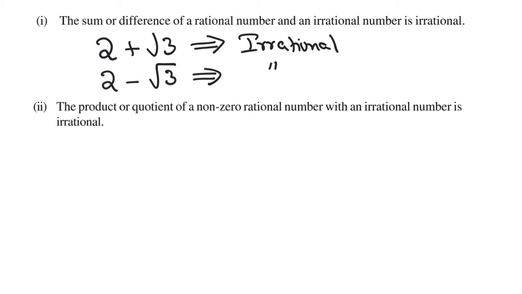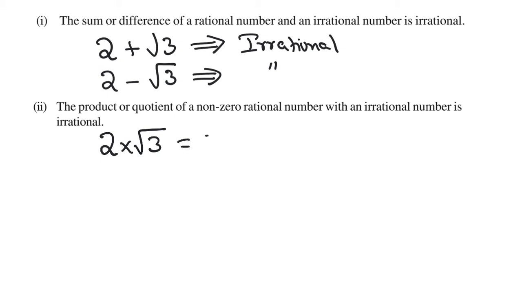Let's look at the second fact. The product or quotient of a non-zero rational number with an irrational number is always going to be irrational. So let's take an example. 2 is a rational number multiplied with an irrational number root 3.